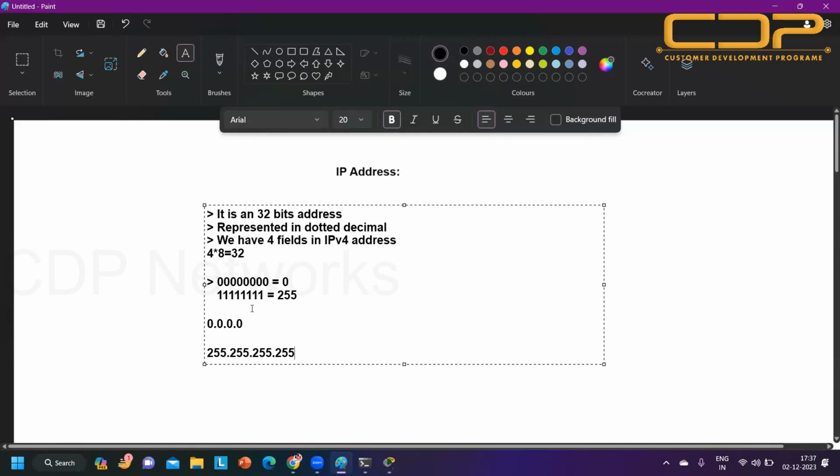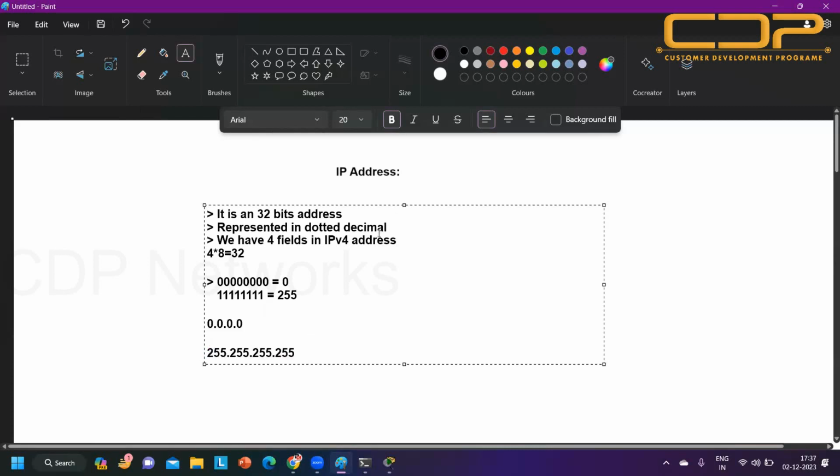Minimum value will be 0 and maximum value will be 255. So my lowest IP address can be 0.0.0.0 and my largest IP address can be 255.255.255.255. All IPv4 addresses will lie in this range.